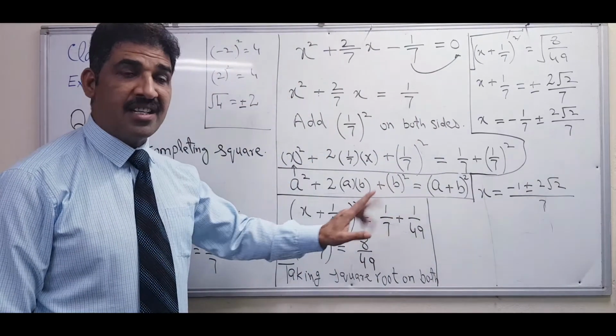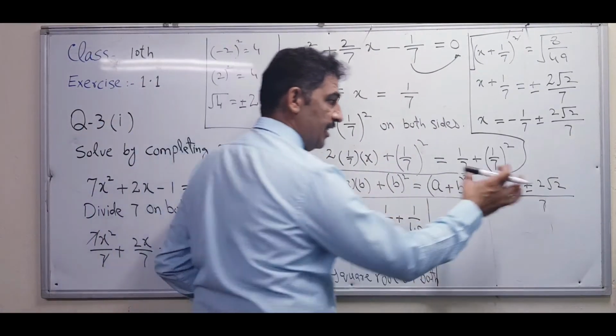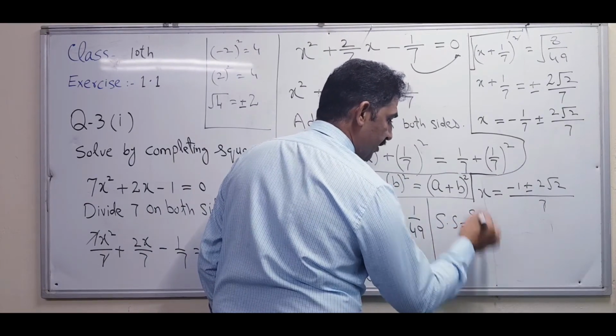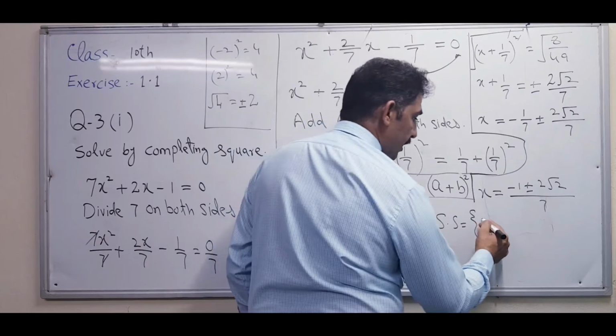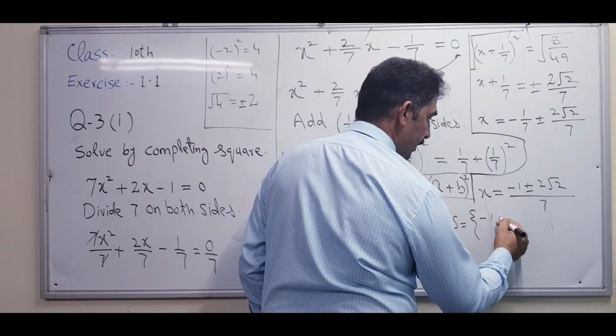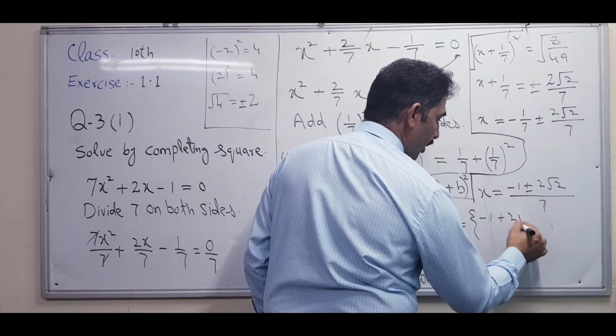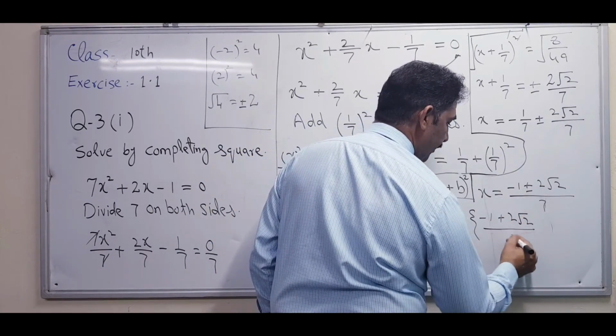That is its final answer, but you have to write its solution set in the same way. Otherwise, if you want more explanation, you write minus 1 plus 2 root 2 over 7 with a positive sign, and here with the negative sign, minus 1 minus 2 root 2 over 7.